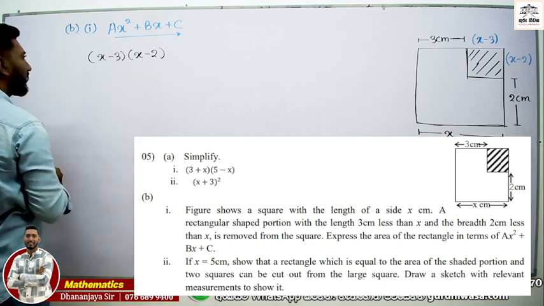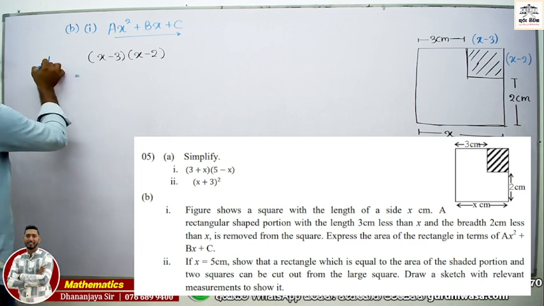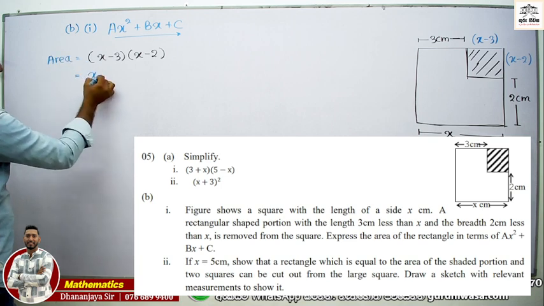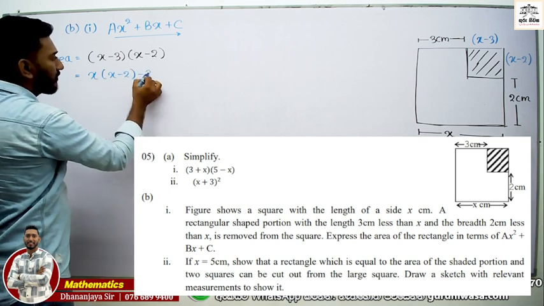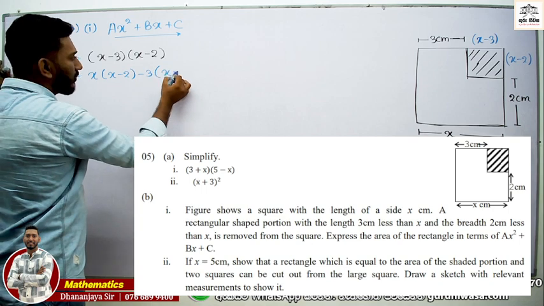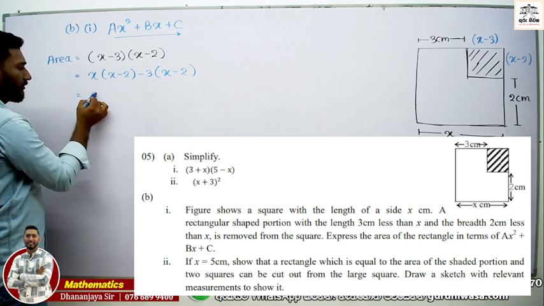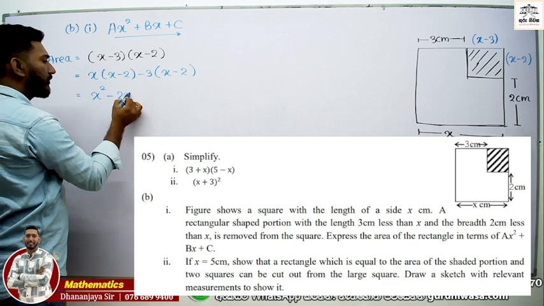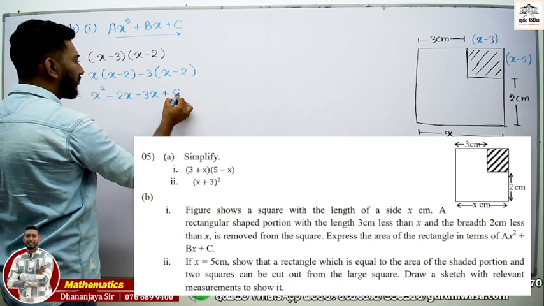We learned this now, and did it three or four times. Here is the area: x into the x minus 2 and minus 3 into the x minus 2. That gives x to the power of 2 minus 2x minus 3x plus 6.